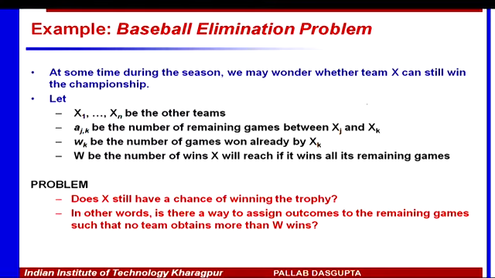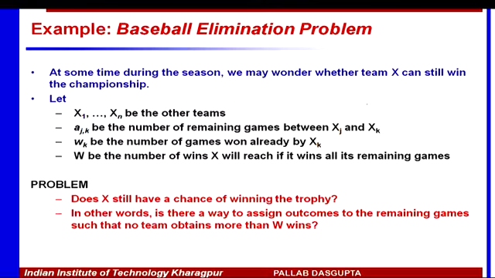W is not the number of matches which it has won. It is the number of matches that it will end up winning if we take all the matches it has won, plus assuming that it is going to win all its remaining matches. So when we are trying to be optimistic about X, we really want to be optimistic and say that it will win all its remaining matches, right?